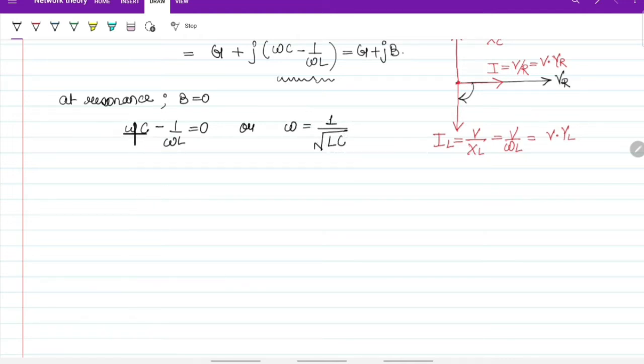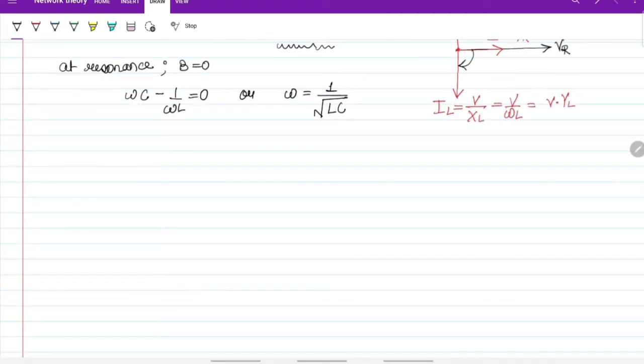Because this will become omega square, and omega square is equal to 1 by LC. If you move this to the right side and use cross multiplication, you will get omega square, and omega will be equal to 1 by under root LC. So we got 1 by under root LC radian per second.